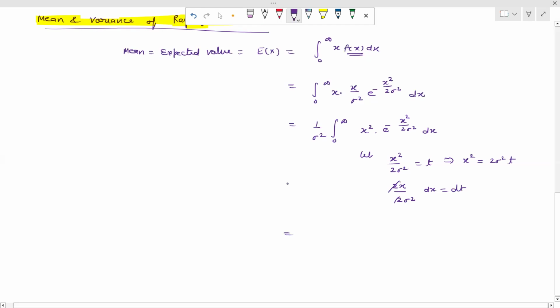Now, when we talk about the limits, the limits remain the same. When x is equal to 0, t is equal to 0, and x equal to infinity gives t equal to infinity. Now we substitute the limits.